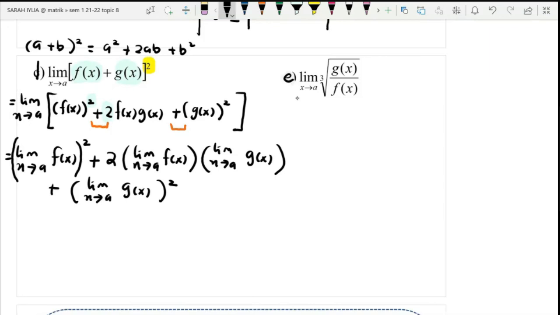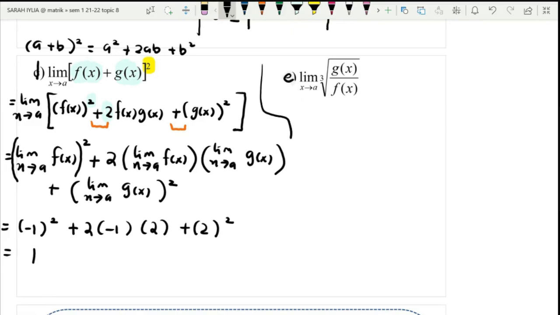Okay, now we substitute one by one as before. So fx is negative 1, gx is 2. So we get what we get. Basically, simplify this and we will get 1. This one needs to be careful with the properties when you expand, and then raising the power, you can open up the bracket, the whole square. Be careful there.